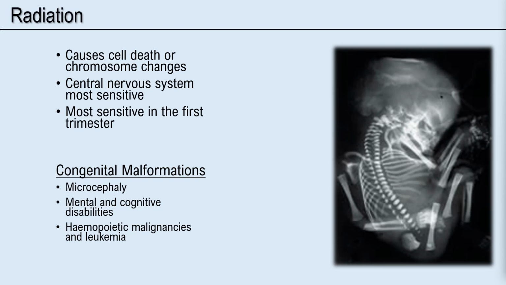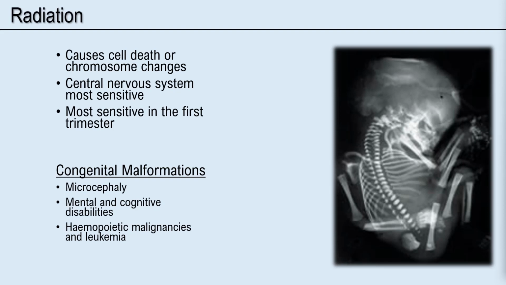As yet, there is no documented evidence of iatrogenic radiation exposure, that is, radiation as a result of diagnostic imaging, causing birth defects. But the risks are well documented, and as clinicians, your role will be to weigh up the risks and the benefits of exposing a pregnant patient to ionizing radiation.